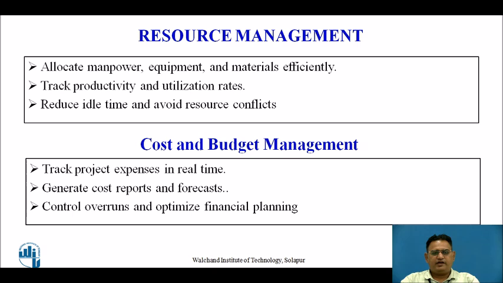Here we can go with the overall tracking of the productivity and the utilization of the overall resource. Here the resource management helps to reduce the idle time and avoid resource conflict and increase the overall operation of the activities.